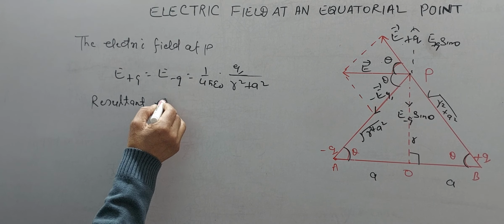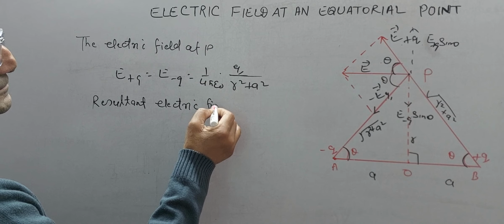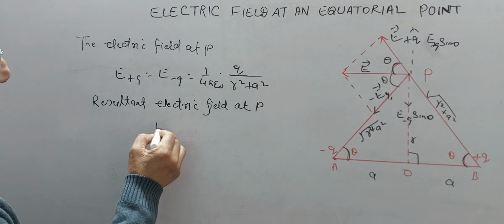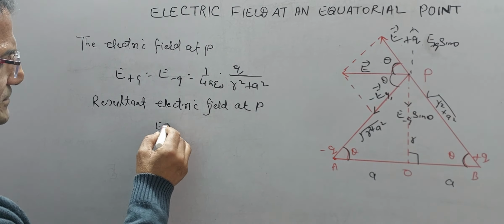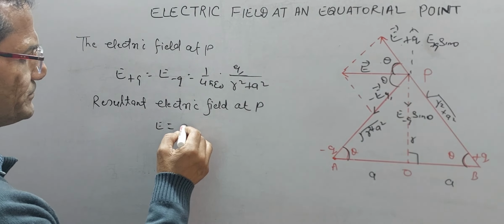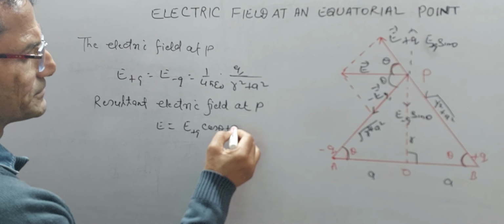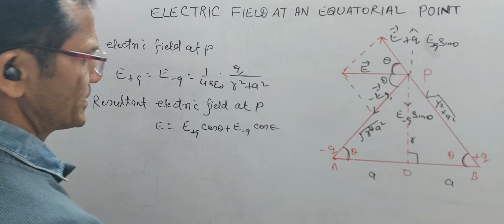The resultant electric field at P will be twice either component. I can say that E plus Q cos theta plus E minus Q cos theta, both have equal magnitude.